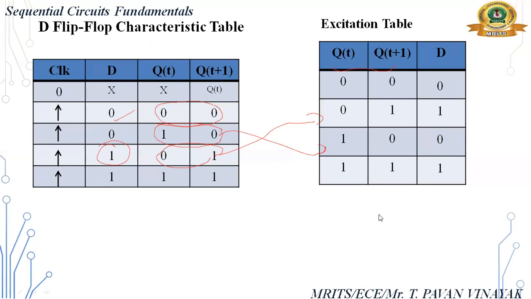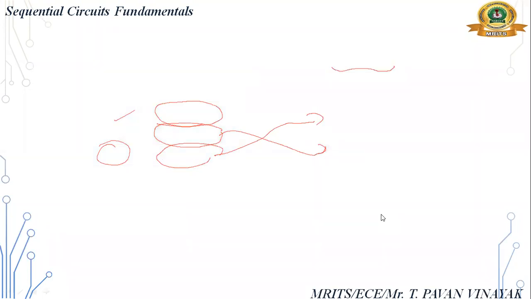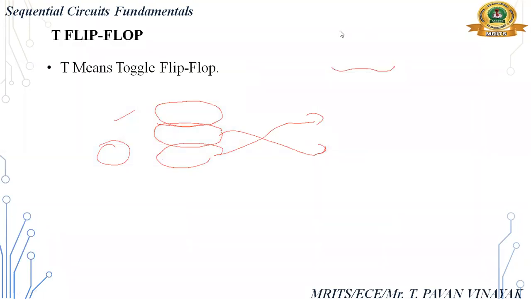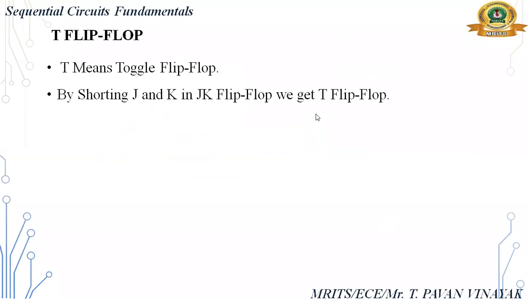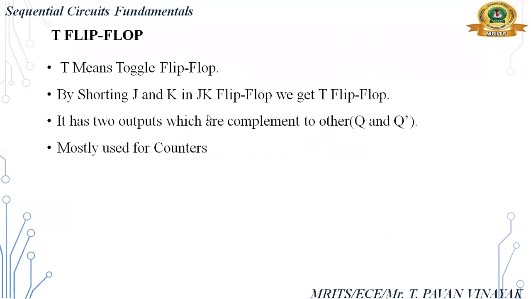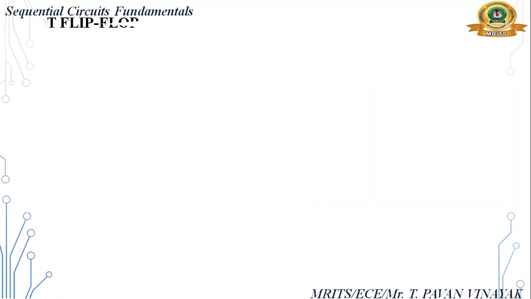Next, calculate the excitation table of T flip-flop yourself. Because it is a shortcut of JK flip-flop, right? How do we get it? By shorting J and K. So we have only two conditions: previous state and toggle state.